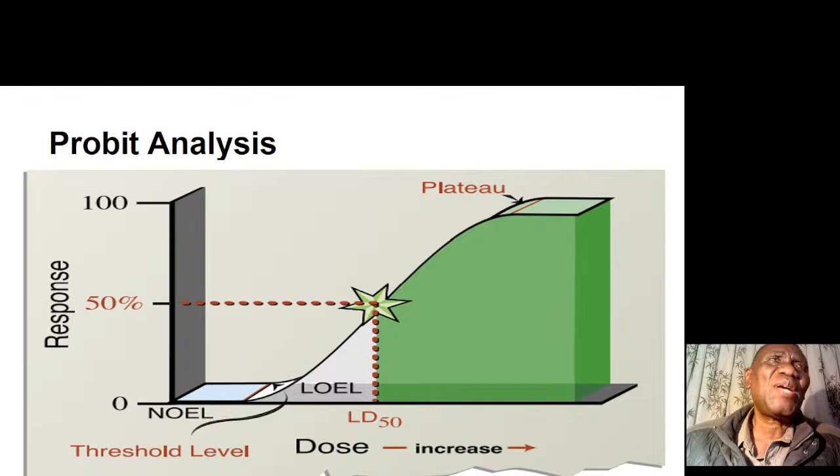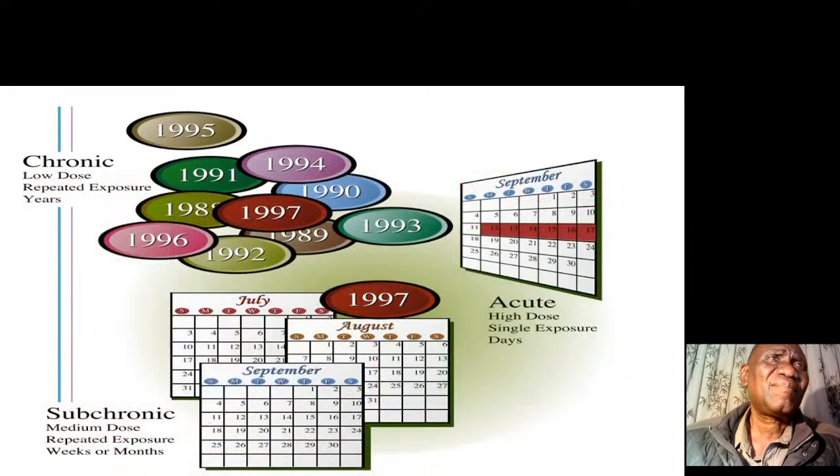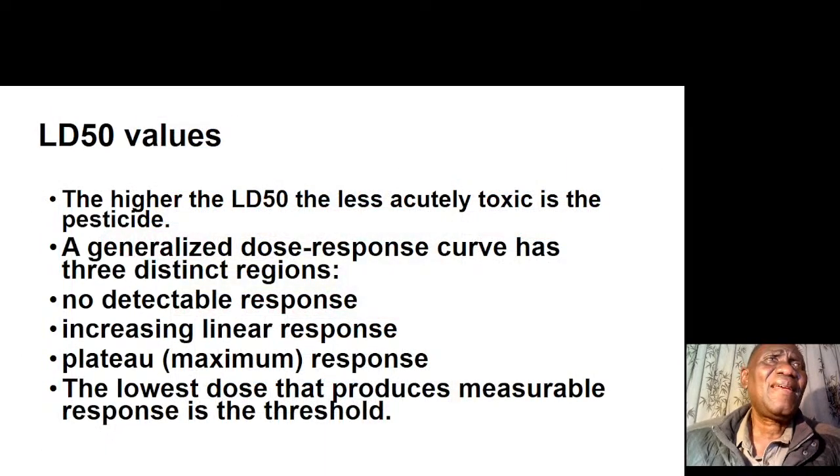Then we have got where we get our 50% animals dying, where we get LD50, and that plateau where we have 100% kill.